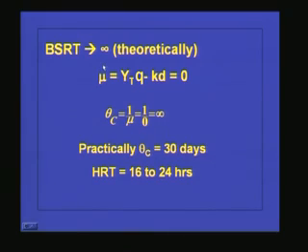But in the extended aeration system, the equation we have is mu, the specific growth rate, equal to Y times q minus kd, and mu is equal to 0. Theta c, the BSRT, is 1 by mu, so it becomes 1 by 0, which is infinity.